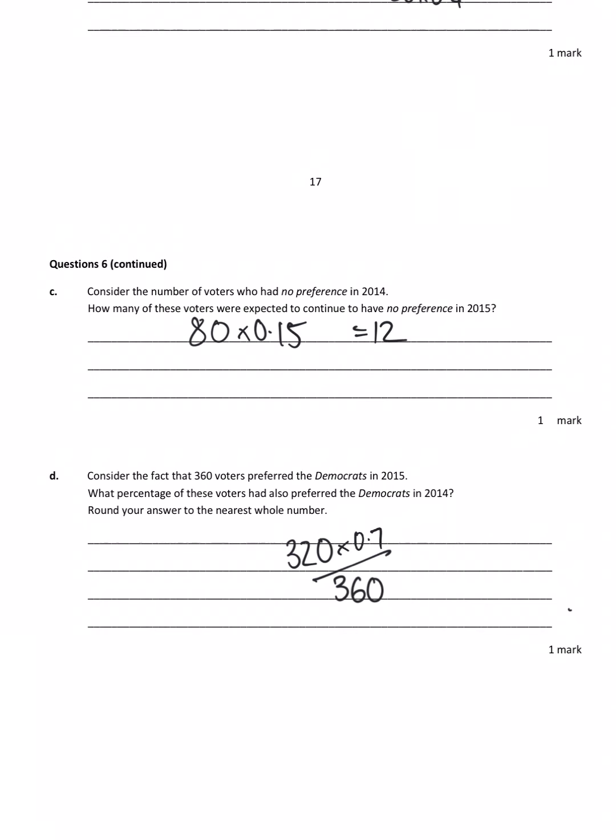So what this calculation is saying is, of the 360 in total, how many came from the Democrats the year before? So you just do this calculation times by 100 to get the percentage. 320 times 0.7 equals 62 point something, and rounding to the nearest whole number, it's 62%.